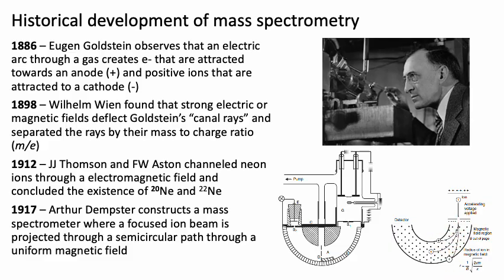And depending on how you tune the magnetic field, you get the ion or the isotope that you want through the detector, whereas the other isotopes slam into the wall. And today, we still base our geometry and our designs on this basic principle that Arthur Dempster developed.